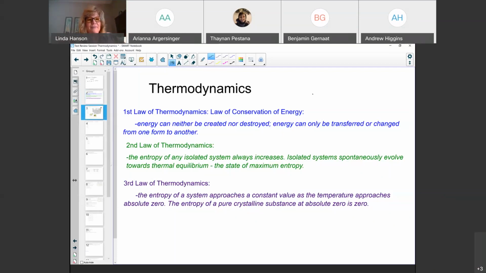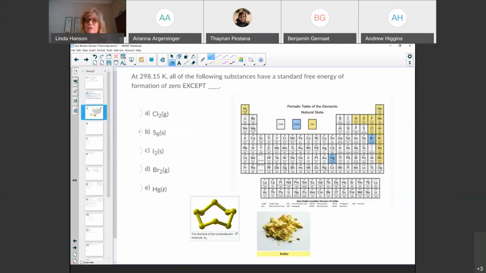Now to kind of expand on that, I pulled this question from the multiple choice section. So again, this is just me pulling out example quiz questions. And I pulled this one just to highlight right after that third law of thermodynamics.